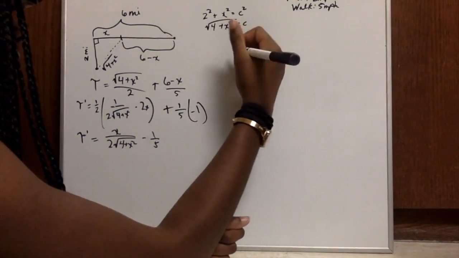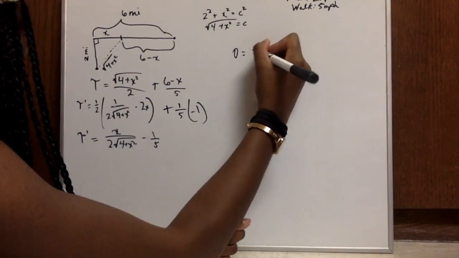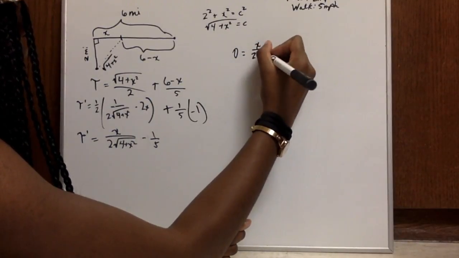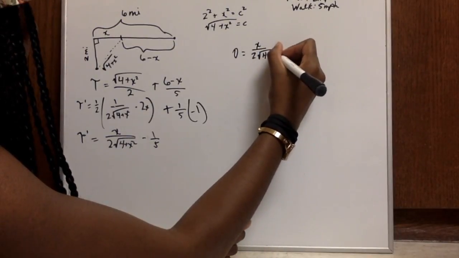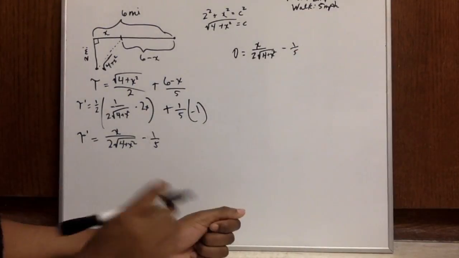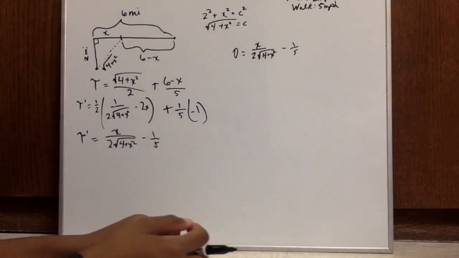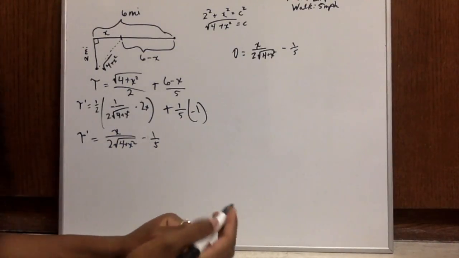So we're going to have 0 is equal to x over 2 radical 4 plus x squared minus 1/5. The first step in solving for x would be to add 1/5 to both sides.